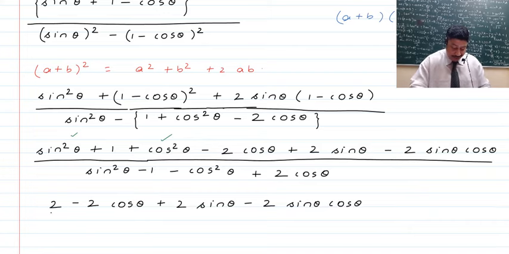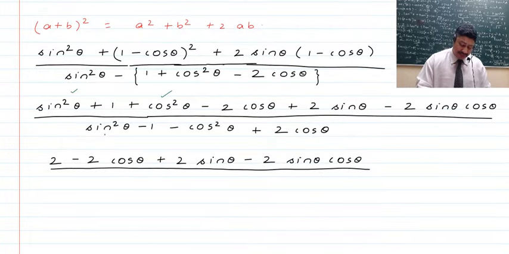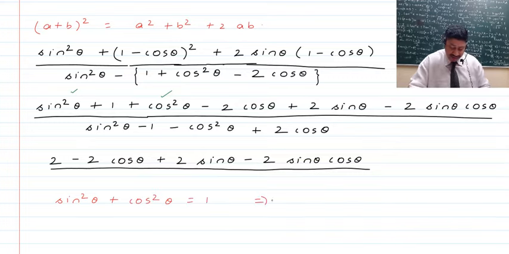Now children, let's quickly put our attention to the denominator. In the denominator we have sine square theta minus 1, right? Now we will quickly look up one formula: if you talk about sine square theta plus cos square theta, we have already discussed that it becomes equal to 1. So further, if we talk about sine square theta minus 1, what is it going to become?